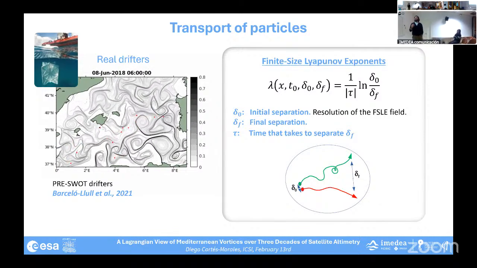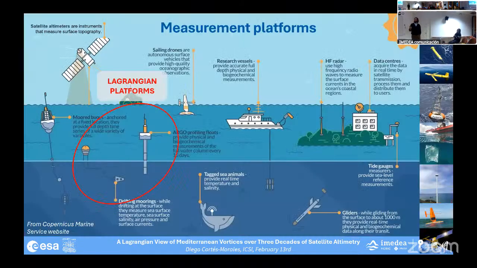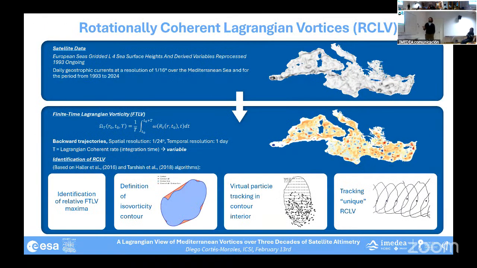And in our algorithm we have a lot of different parameters that we can tune to try to be more permissive with the dispersion, taking into account some other processes that maybe are not accessible with the data set.